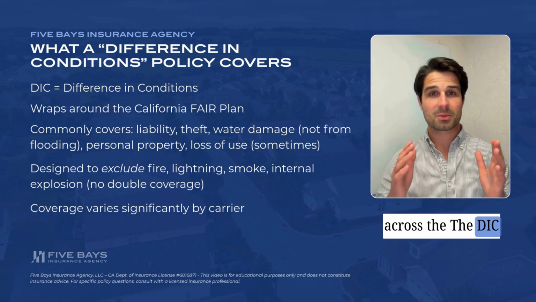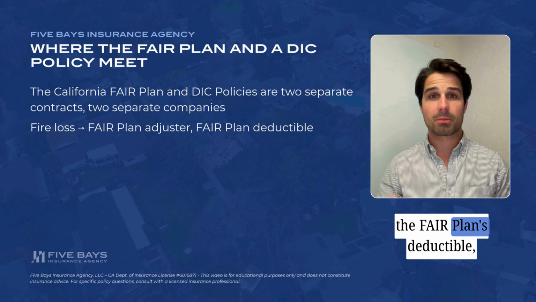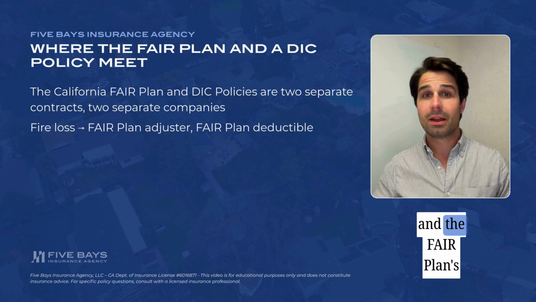Now, this is the part that most people don't think about until a claim happens. The California Fair Plan and your DIC policy are two separate contracts with two separate companies. They are coordinated by design, but they are not connected operationally. What that means in practice is that if you have a fire loss, you file with the Fair Plan. You'll deal with the Fair Plan's adjuster, the Fair Plan's deductible, and the Fair Plan's claims process.